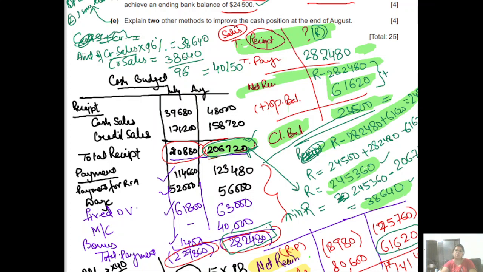तो उन्होंने बोला भैया amount of credit sales into 96%, okay, is your sales जितना भी बढ़ा है due to increase in cash.